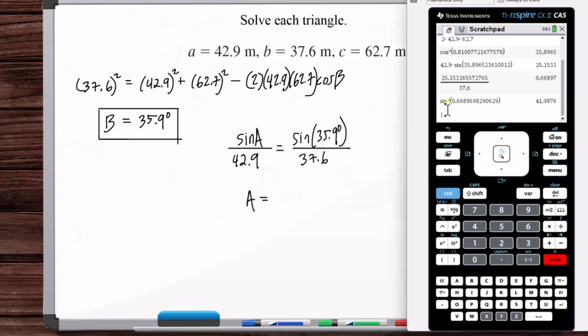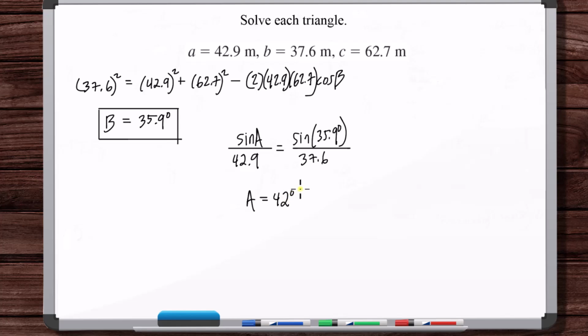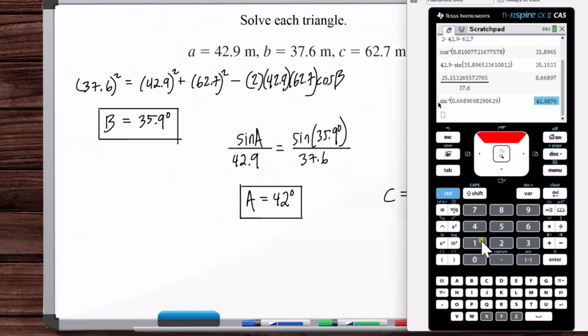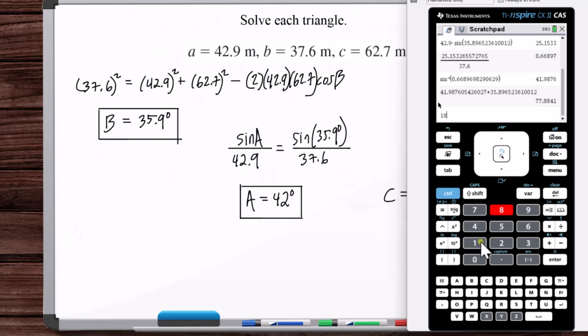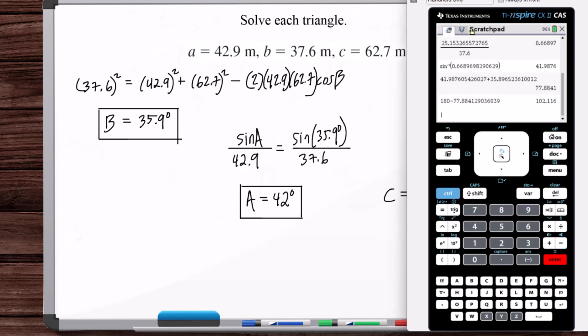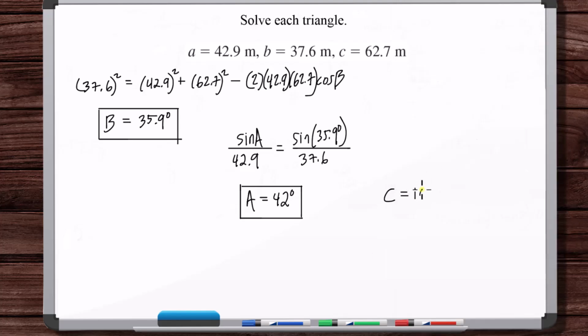So we don't have to worry about the corresponding obtuse angle, so 42 degrees. Okay, now angle C, we do this plus this, and then 180 minus that, 102 degrees. Well, we could do 102.1.